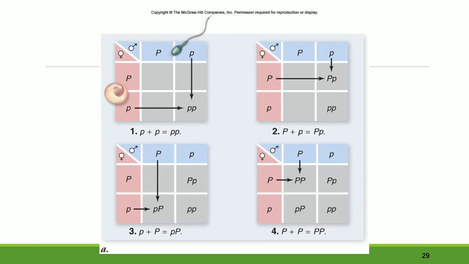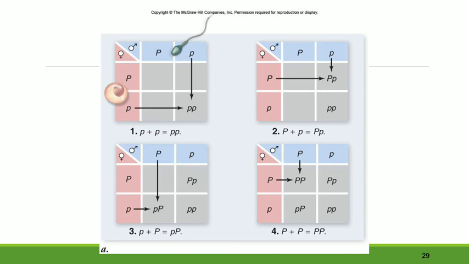If the female, we're looking now on the side, if the female was true breeding, or in other words, homozygous, this would look different, but that's not on this page, sorry. In this case, the female is also heterozygous, and therefore 50% of her eggs will have the dominant allele, 50% will have the recessive allele.